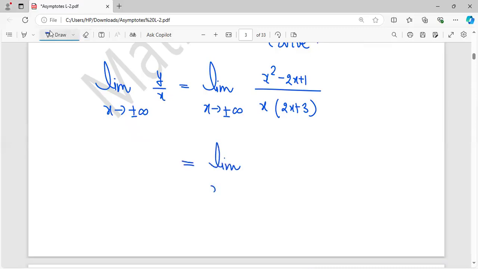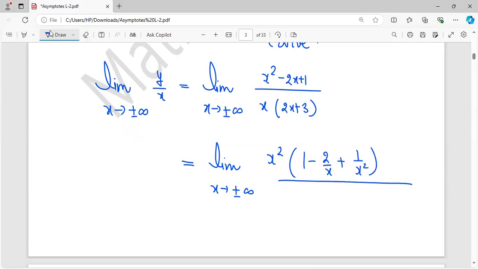Take x square common, so this is cancelled out. The limit will be 1 upon 2, that is 1 by 2. So this limit exists.